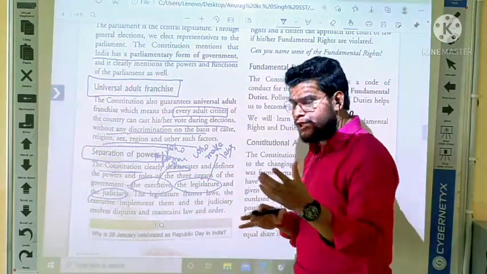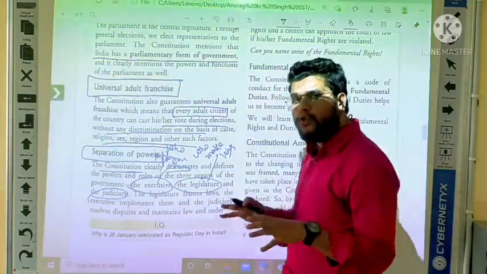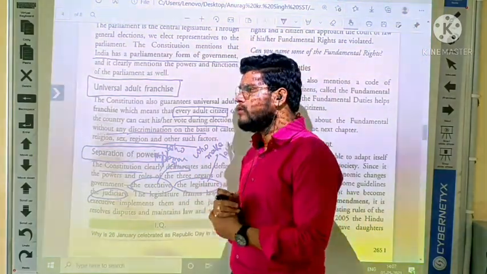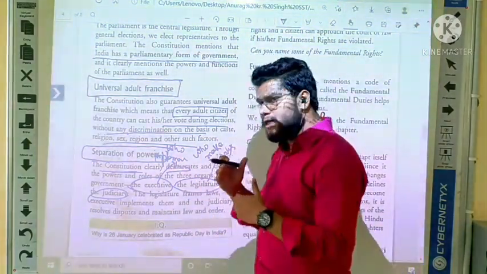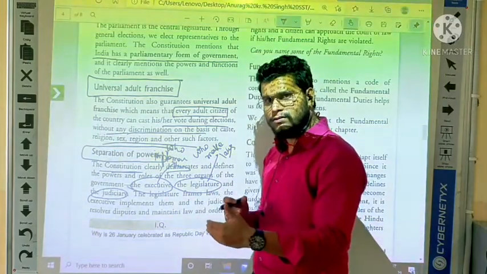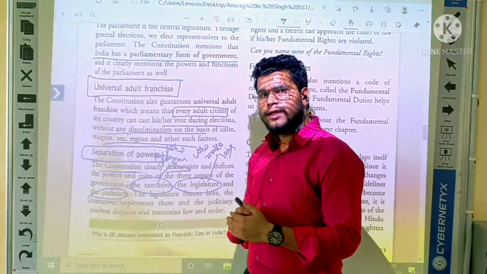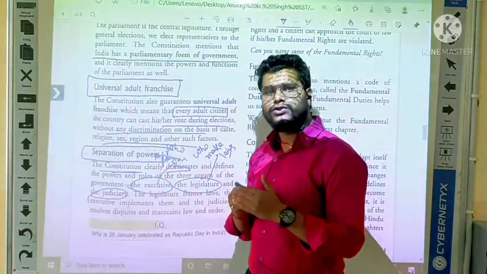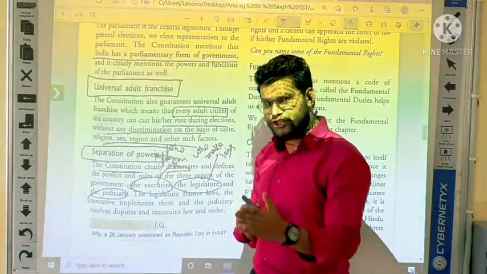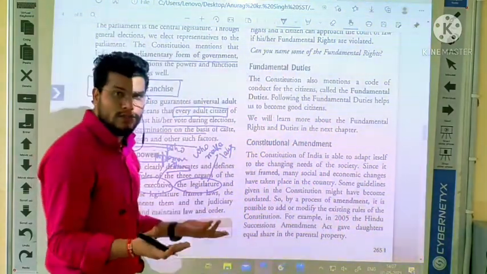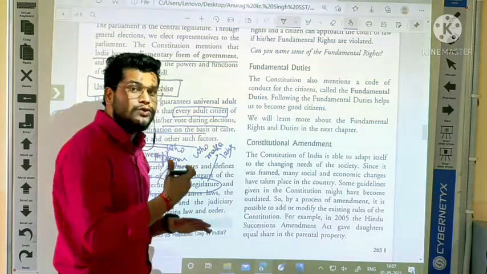Okay, now judiciary. Who checks the laws? Who resolves disputes? That department of government is known as judiciary. For example, High Court, Lower Court, Supreme Court.